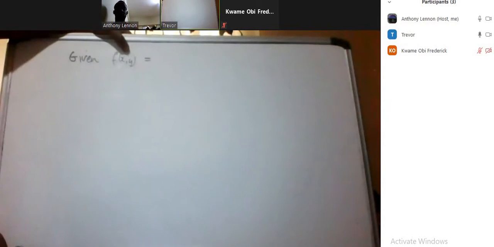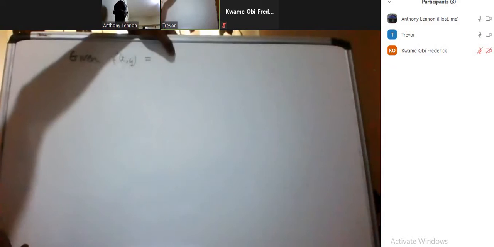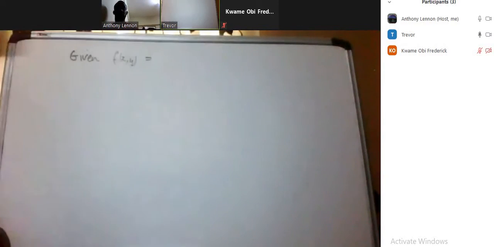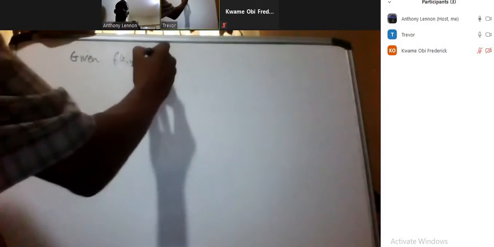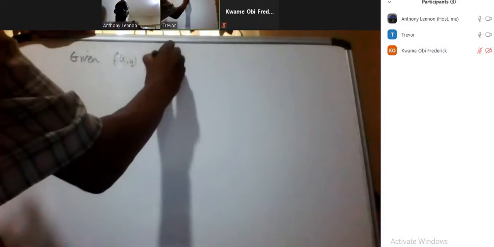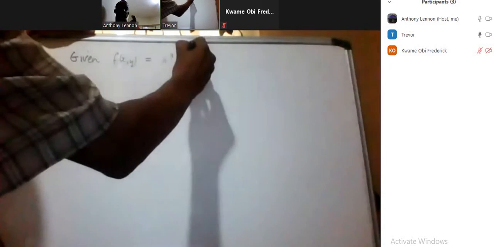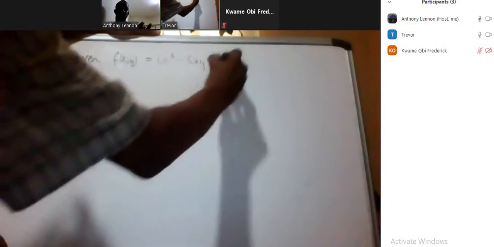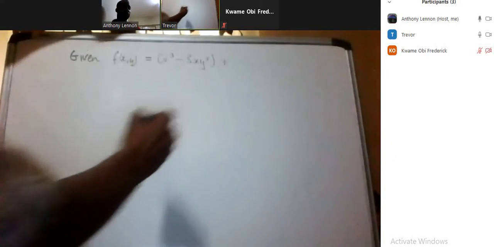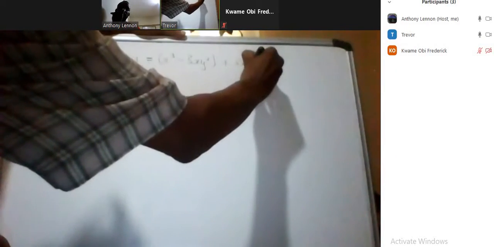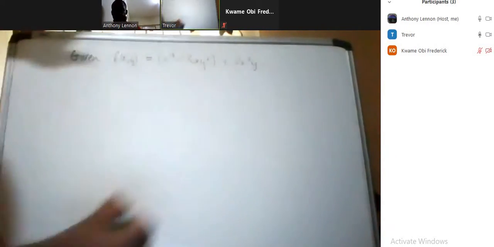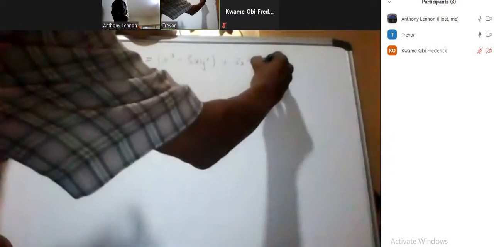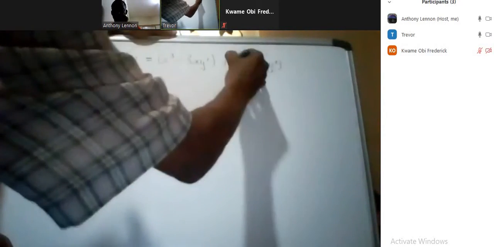Now, the reason why I'm saying xy is because the outputs are going to be x and y, and this is going to be x and y. x cubed minus 3xy squared plus 3x squared y minus y squared i.